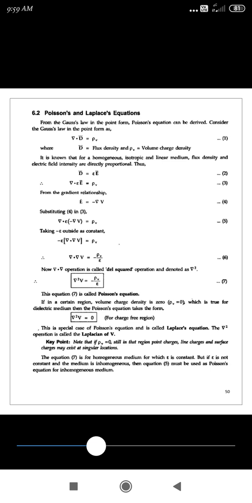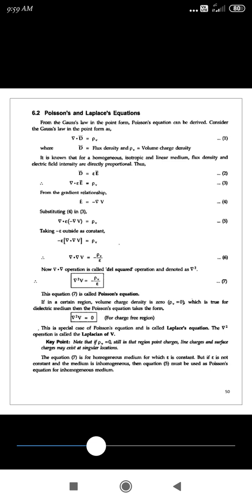So from equation 2, del dot epsilon E bar is equal to rho v. Call this equation number 3.